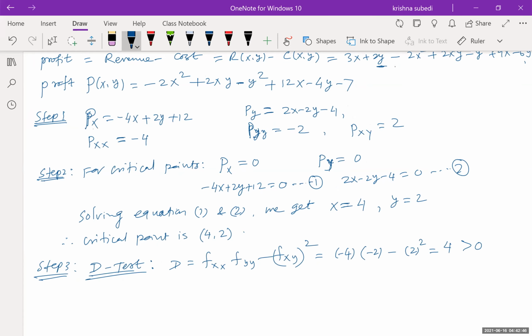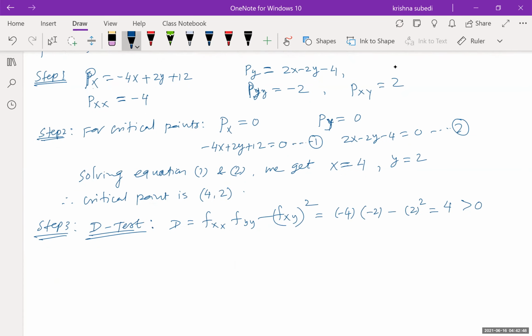So D is positive. And now the second derivative. Oh, guys, this one is not F. This should be P. Okay, we're talking about the function P, the profit function. Let me just change that F into P.